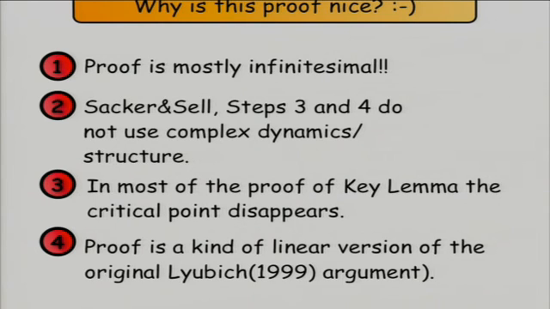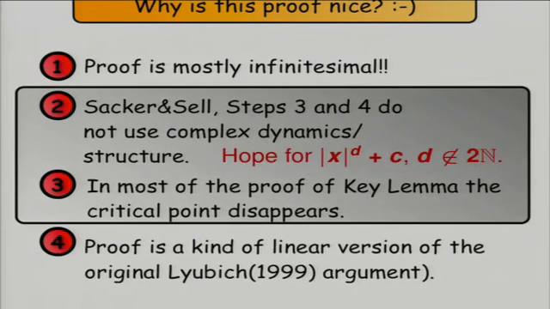You work just with this conformity-rate dynamical system, no critical points. That's nice because this gives you hope to study these kinds of families where D is not an even number. I'm not claiming anything, but I'm full of hope. And the last point is that this proof is a linear version of the original Lyubich argument.